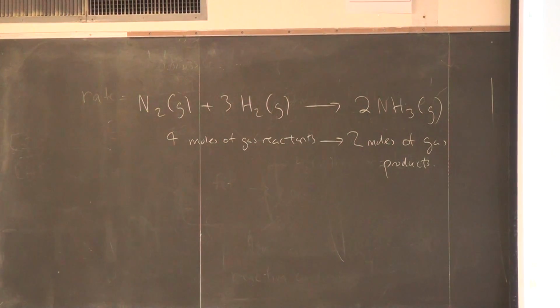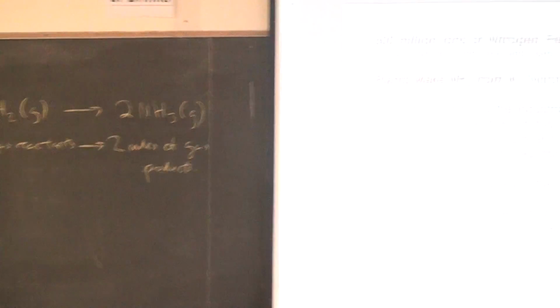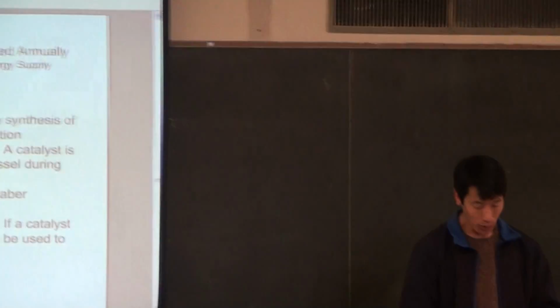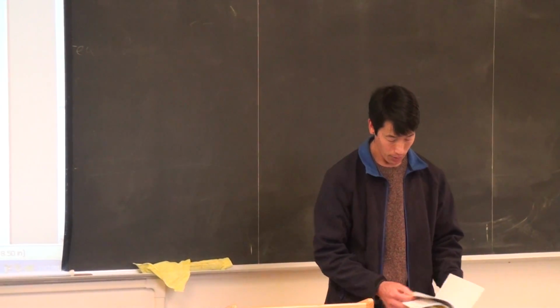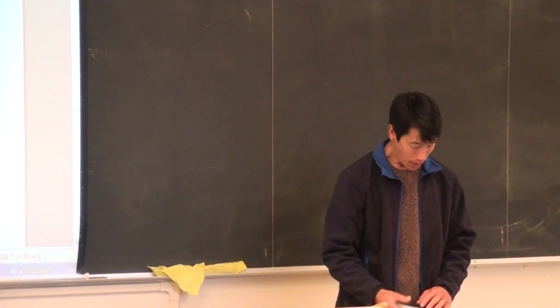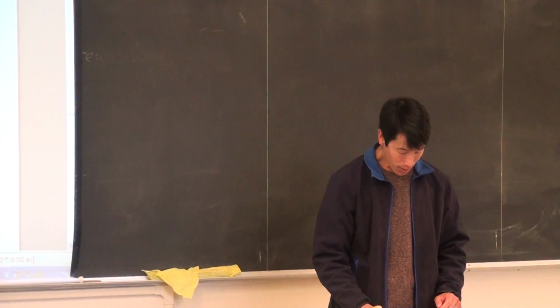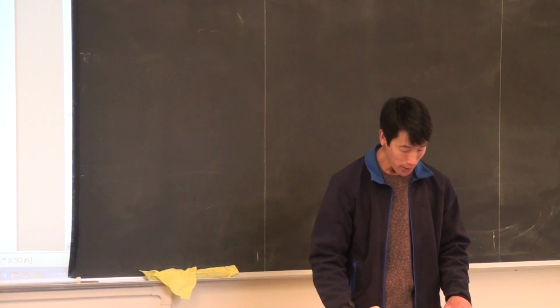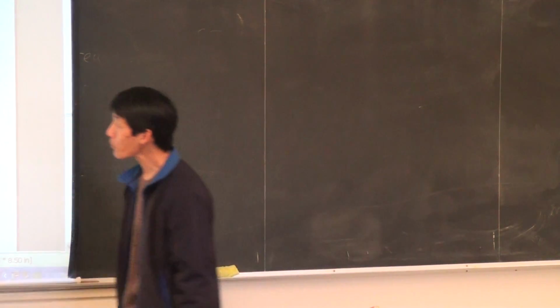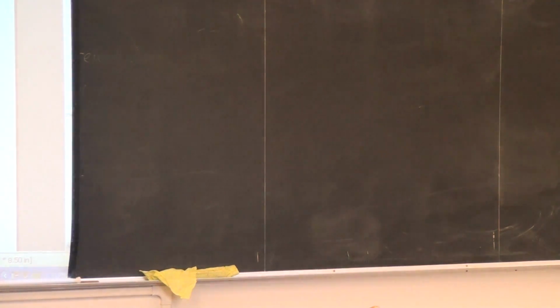If we take a look in the textbook, in appendix 2, for ammonia NH3, that has a delta H of formation of minus 46.3 kilojoules per mole.